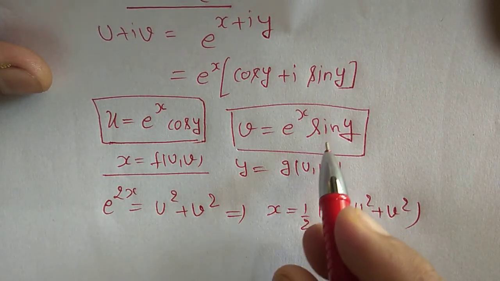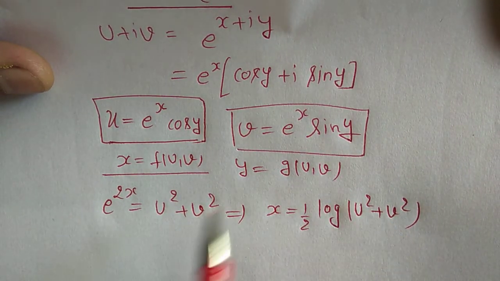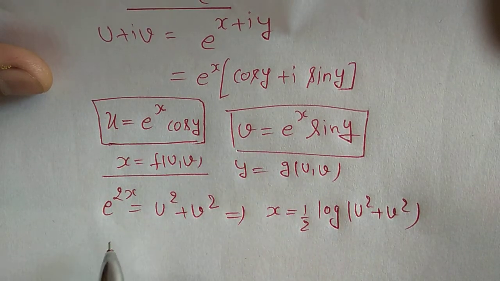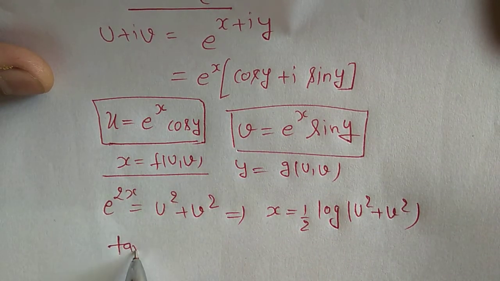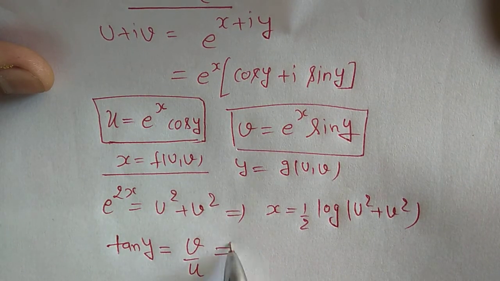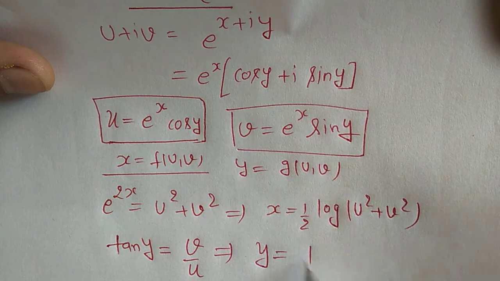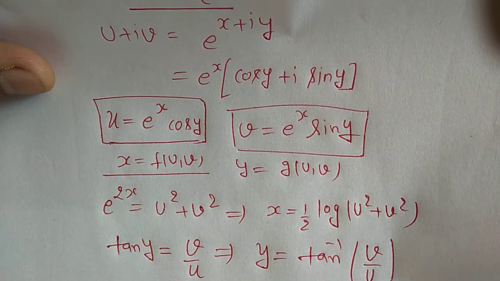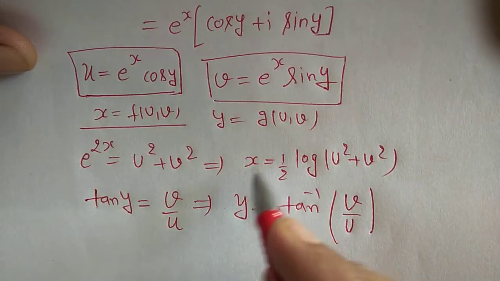And to find y, we divide the second equation by the first, so we get tan y equal to v by u, which implies y equal to tan inverse v by u.